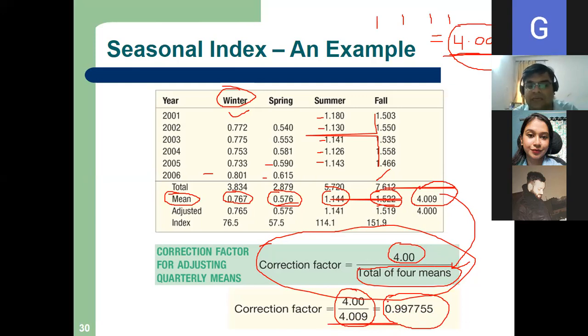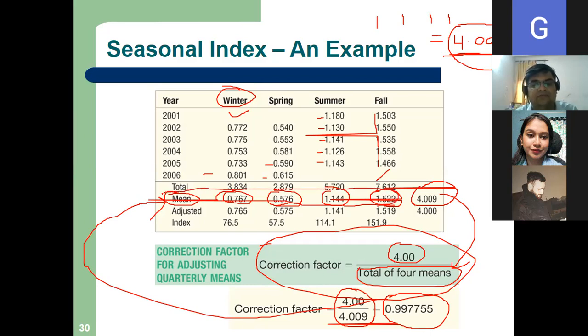So all the means that I have got, see my mean row, all these four has to be multiplied. Please listen carefully. All these 4 means that I calculated has to be multiplied by a correction factor which is 0.997755.